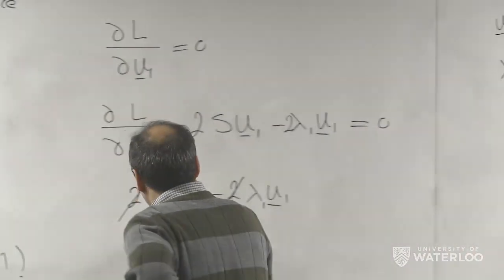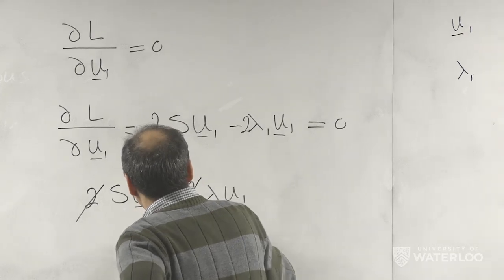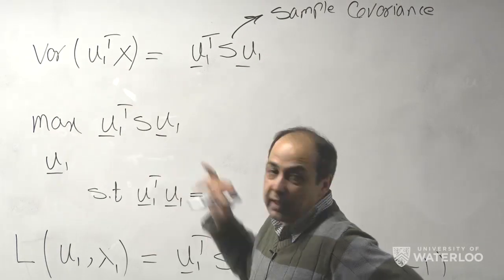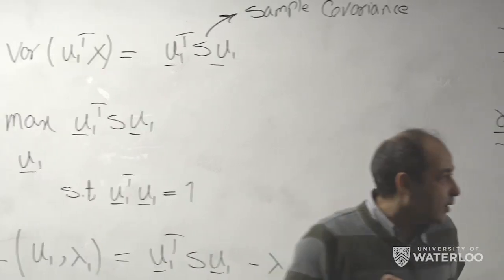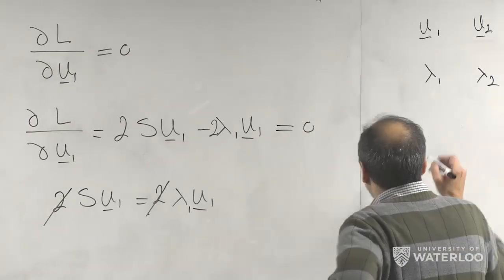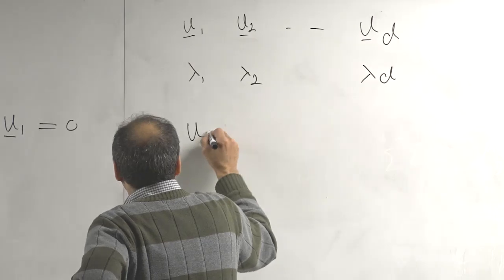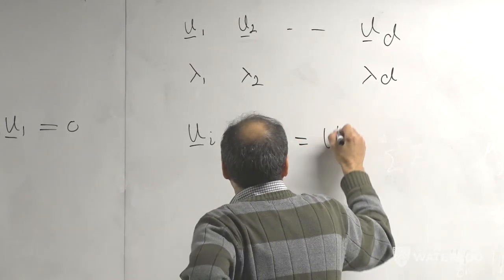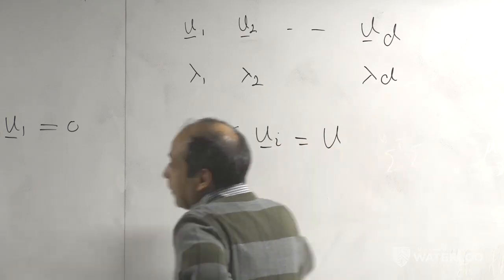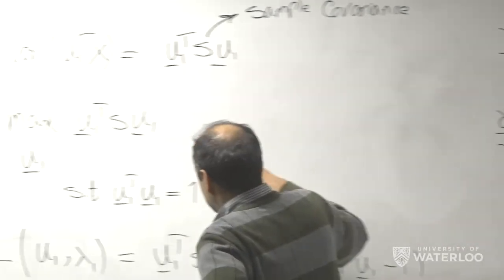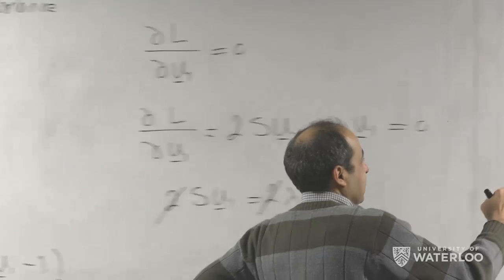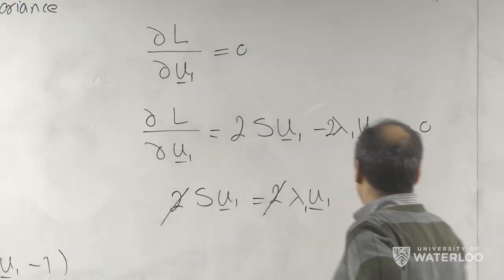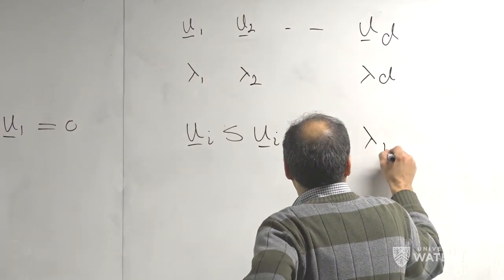Here I have S u1 equal to lambda u1, so I can replace S u by lambda u. So when I have ui transpose S ui, it's equal to ui transpose lambda i ui.